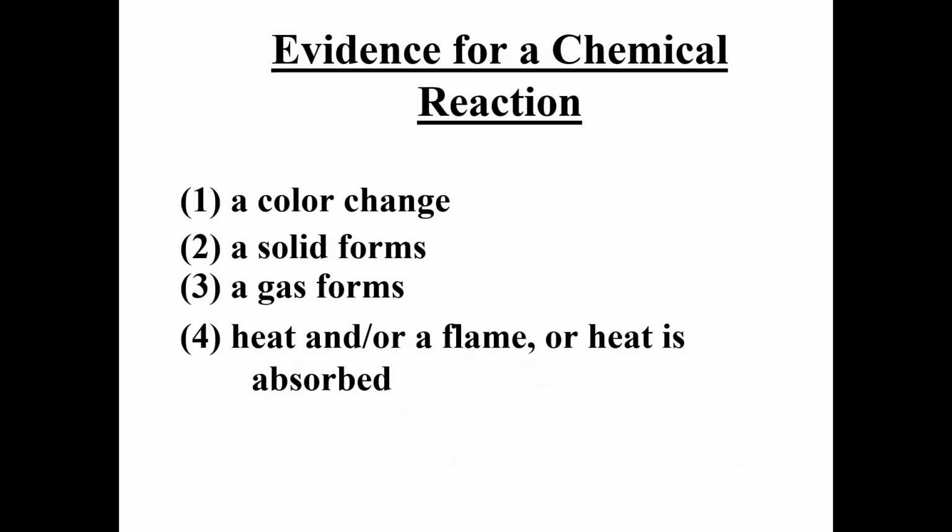How do you know a reaction takes place? I kind of hinted at it already. You get a visual clue, or you can feel it. If heat is given off, you can feel the change in heat. If something gets colder, that's an indication of chemical change. The reaction that we had in the beginning, lithium thrown into a glass of water, will form hydrogen gas, so gas formation is an indication.